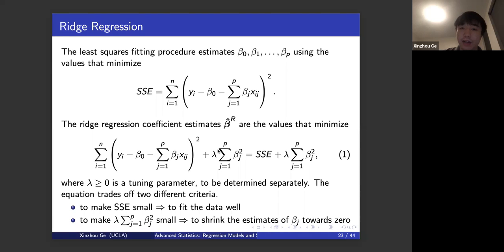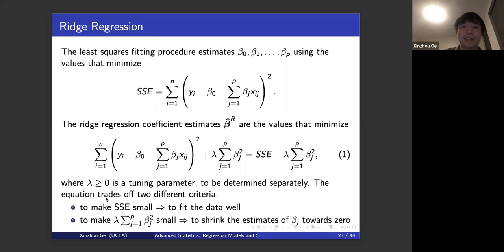Here you can also see there is a tuning parameter lambda, and this lambda determines the effect of the penalty for the scale of the coefficients. The whole thing has two parts, and you can see a trade-off in this sum.